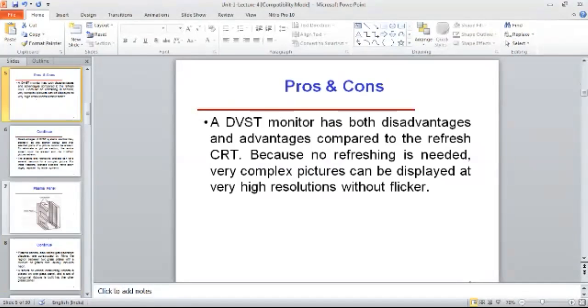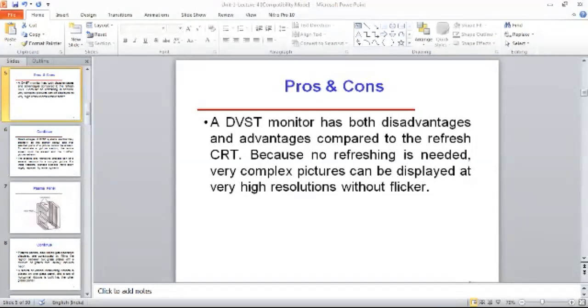There are various advantages and disadvantages in case of every monitor screen. Earlier we were using the CRT, cathode ray tube, when it was monochrome, that is black and white, and then the colored cathode ray tube, and after that the direct view storage tube. The CRT also has a number of disadvantages.